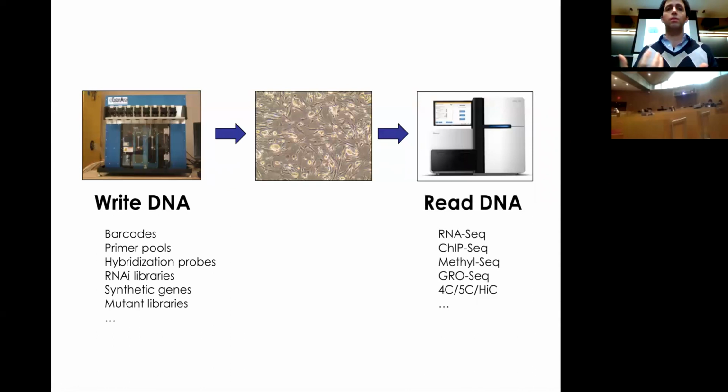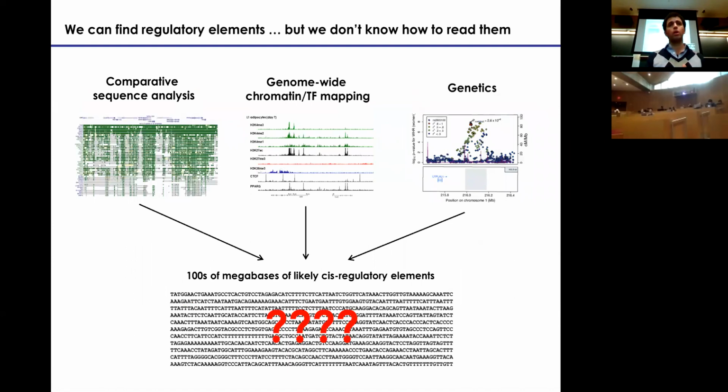So again, being in an engineering school and an engineering department, we have to think about how do we create new constructs. And that involves a lot of complex tools, such as how do we barcode, how do we create primer pools, hybridization pools, RNAi libraries, how do we create synthetic genes, mutant libraries, and so on and so forth.